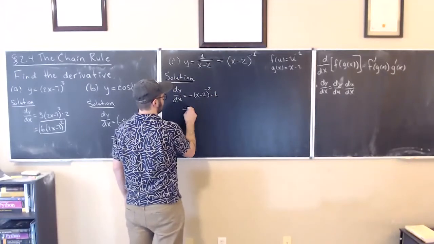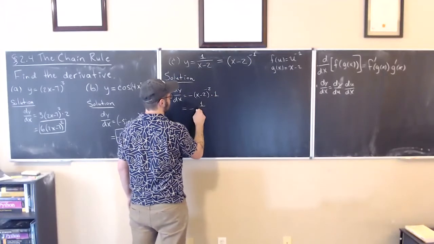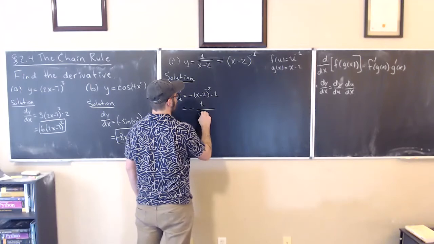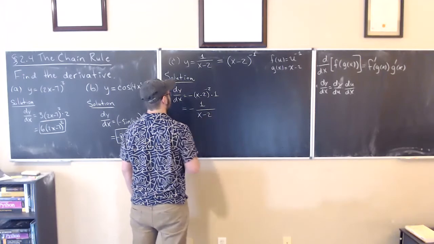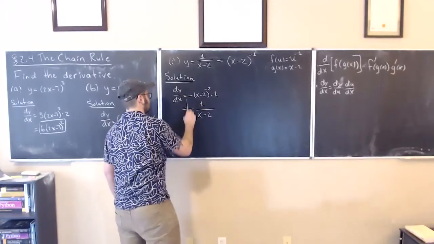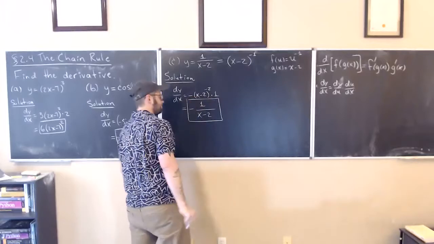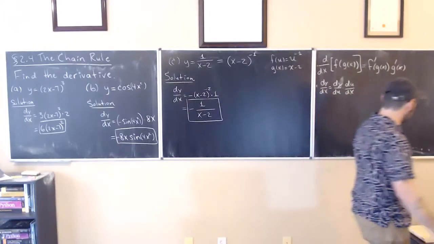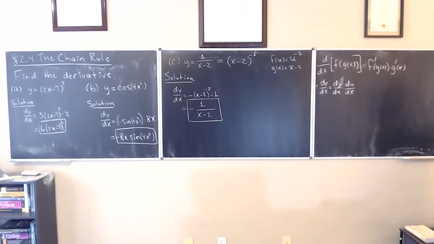So if you simplify this out, you get negative 1 over (x minus 2) squared. Okay.